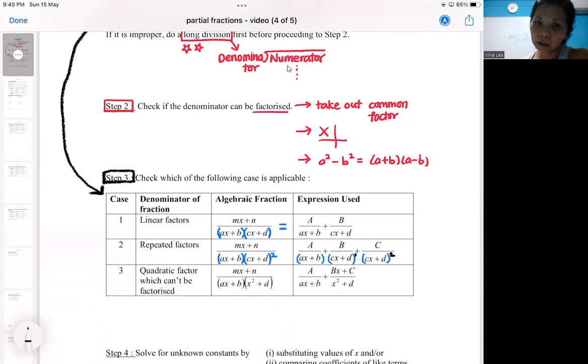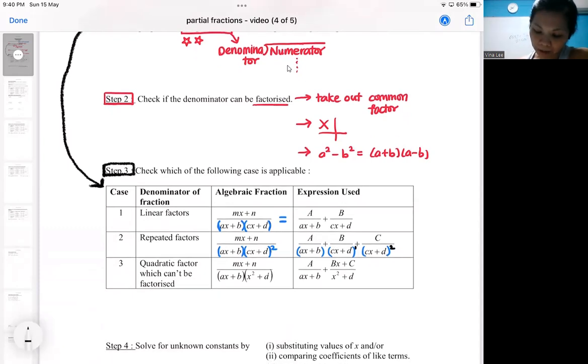The last one is where you encounter a non-factorizable bracket. So this is still linear, and this one is a quadratic, but you cannot factorize. Look at the quadratic, it is a plus. It's different here, this is a minus.